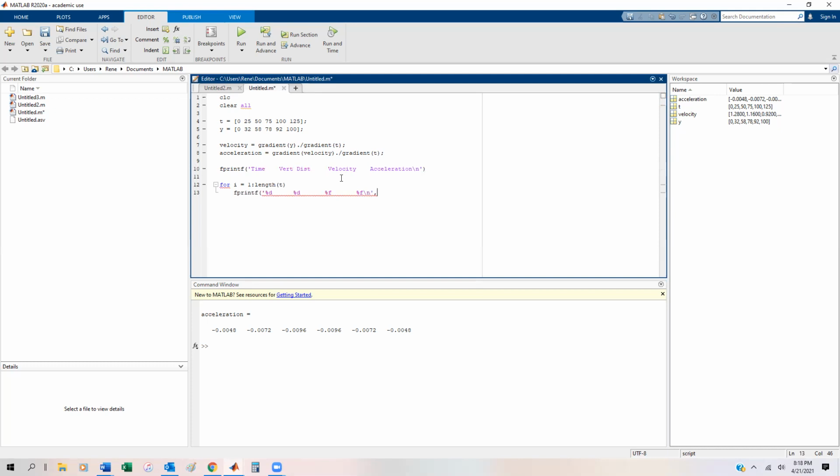The parameters that we're going to use are t(i), y(i), so that's the time and the vertical distance, then the velocity(i), and then the acceleration(i).